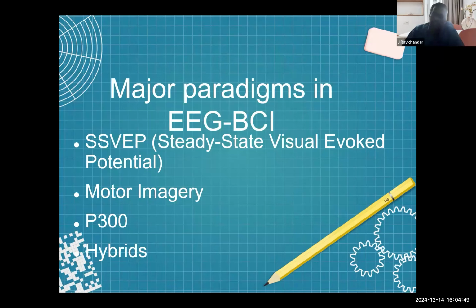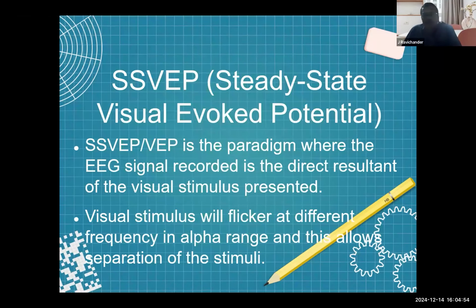First, I will discuss steady state visually evoked potential, shortly SSVEP, where the EEG signals recorded are the direct result of the visual stimuli presented. Some visual is presented on the screen, for example something blinking, flickering with some frequency.